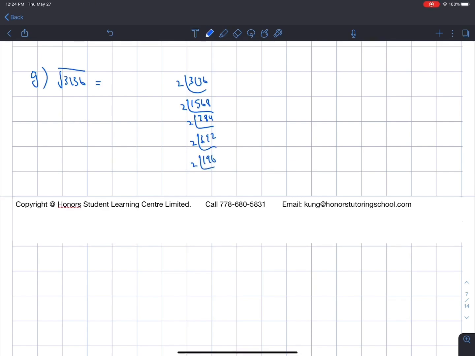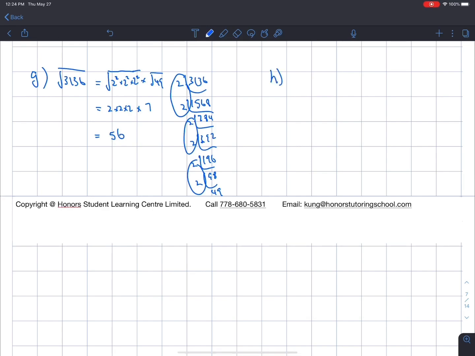Divided by 2, we got 98. Divided by 2, we get 49. So this is the square root of 2 squared, 2 squared, 2 squared. I'm just going to put all of them inside this first square root. And then times the square root of 49. Because square root and square cross each other out, all of these will just become 2 times 2 times 2. And then the square root of 49 is 7. So my final answer is 2 times 2 times 2 times 7. I get 56.